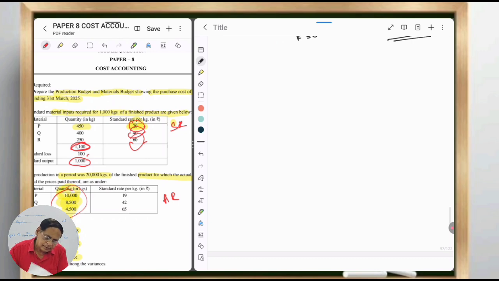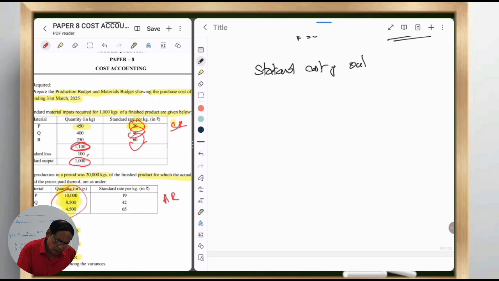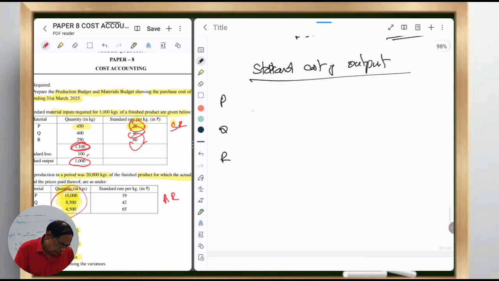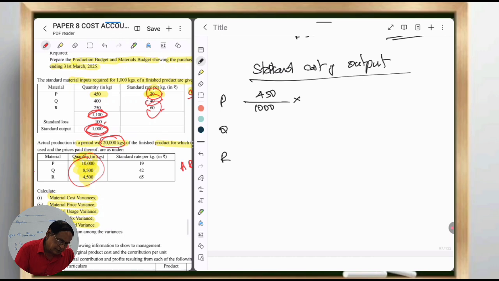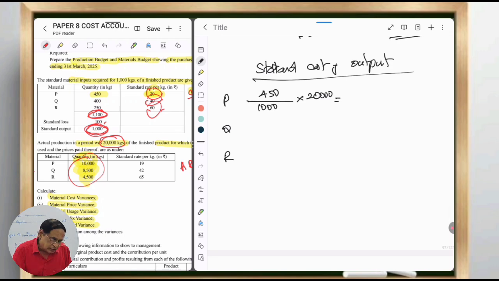And then next one is the standard cost of output, the standard cost for P, Q, R. For 1000 units it is 450, so for 20,000 units of actual production, how much quantity is required? The standard quantity for manufacturing the actual product of 20,000: 450 divided by 1000 into 20,000, that is 9,000 units quantity.